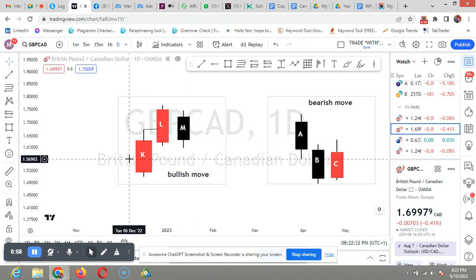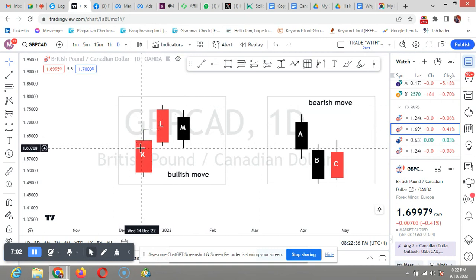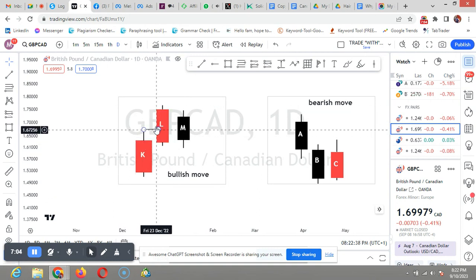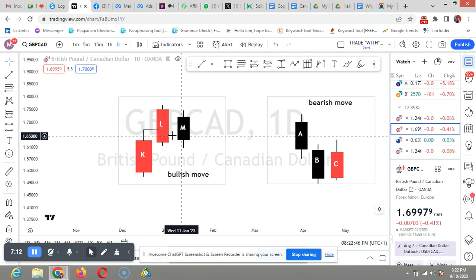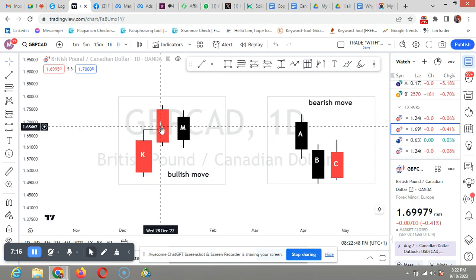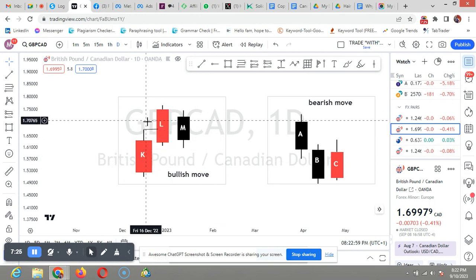Now, this L candle has opened and closed above this K candle, but it closed with a full body and not a wick. So we can't say that L candle has swept. Why? Because it closed with the full body. But then take a look at this M candle and this L candle.